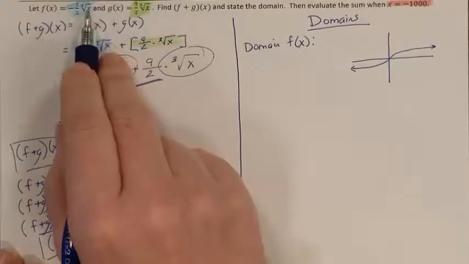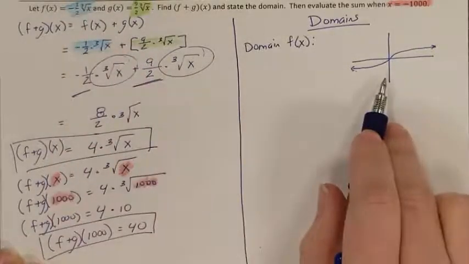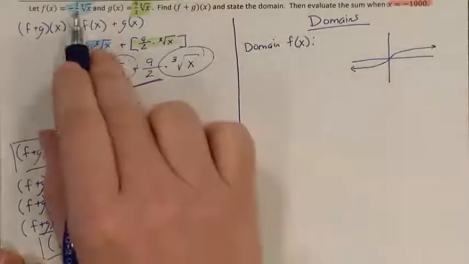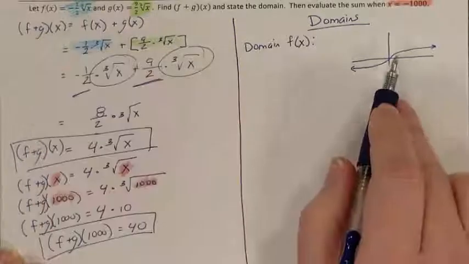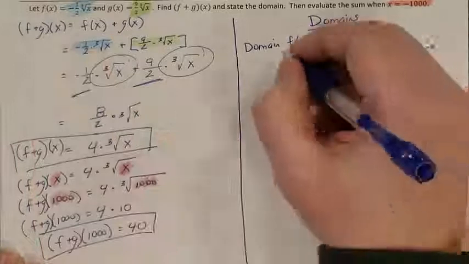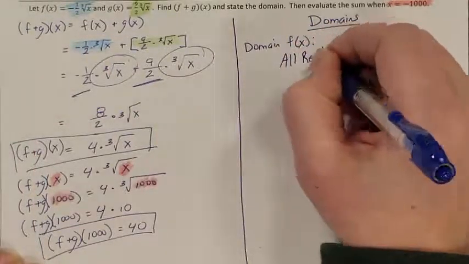If you're not adding or subtracting on the inside, or adding and subtracting on the outside, nobody's moving up or down, left or right, which means this is still what my function looks like. So if my parent function was all real numbers, then my f is also going to be all real numbers.